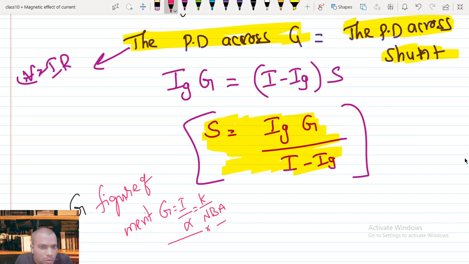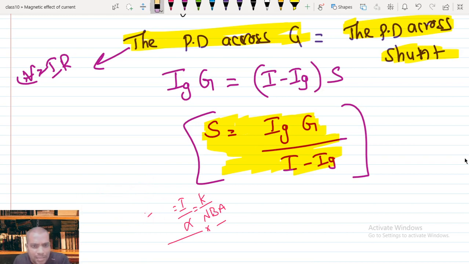Before calculating the shunt resistance, you should know the resistance of the galvanometer. If you do not know the figure of merit or the resistance of the galvanometer, then things get complicated. So finally I can comment here: to know how much resistance should be connected to a galvanometer to convert it into an ammeter of desired range, we should know the figure of merit of that particular galvanometer.